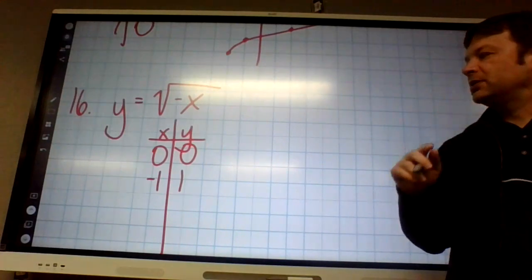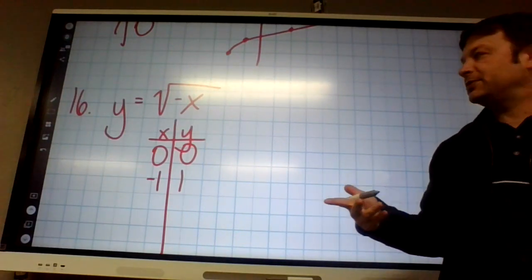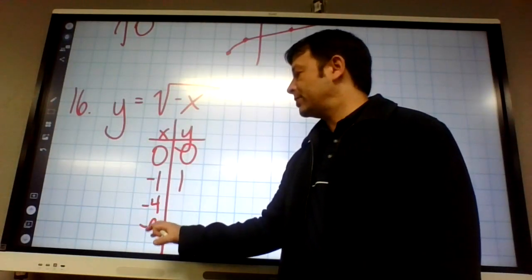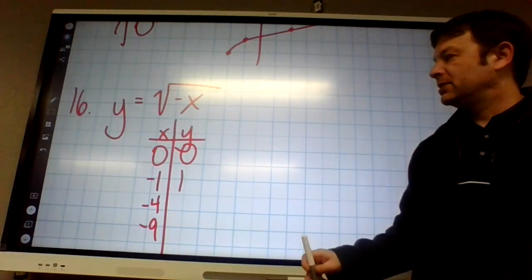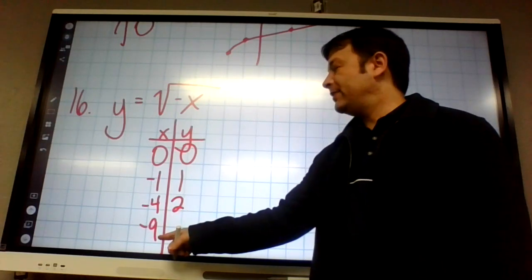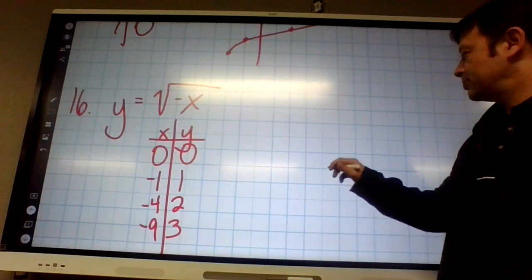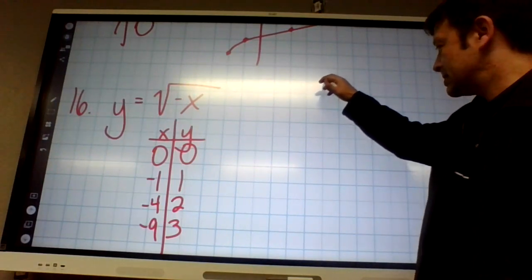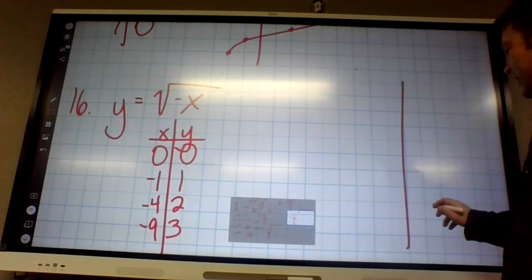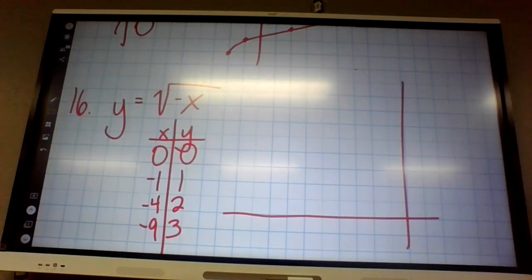So it'd just be the opposite. Right. Except 0 doesn't have a problem. I could plug in -2 and -3, but 2 and 3 don't have square roots. So -4 and -9 would work well. -4 becomes +4 becomes 2. -9 becomes +9 becomes 3. So what is happening to the graph here? It's going backwards. Yeah, you might want to draw your axes like this instead.